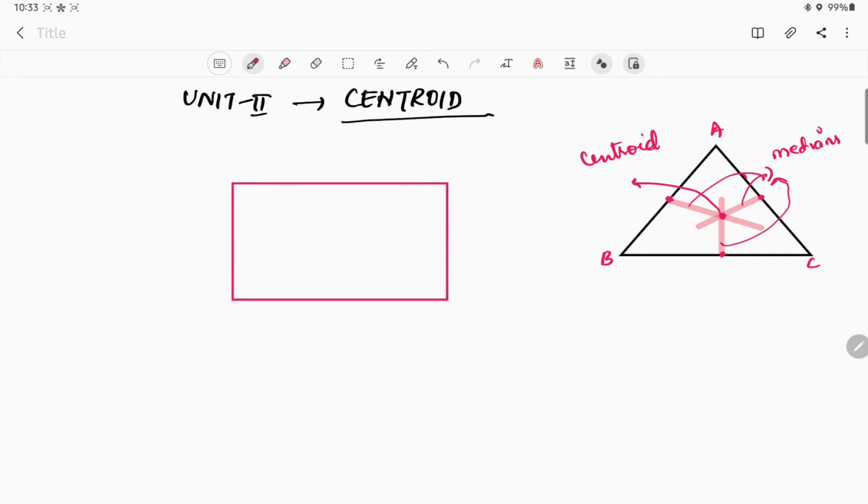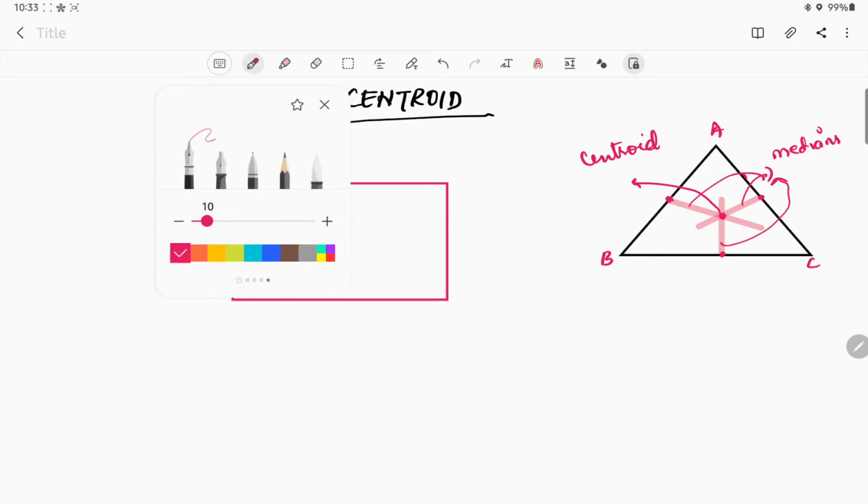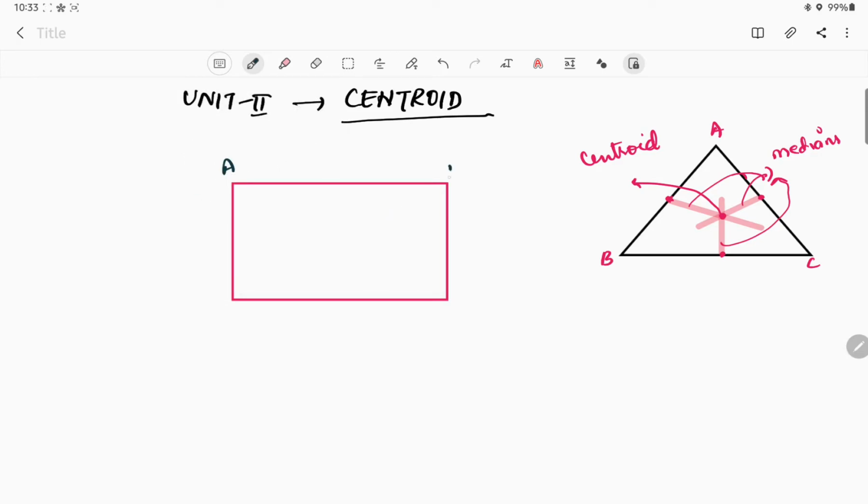I'll name it A, B, C, and D. The center of line AB is this point, the center of line AC is this point, the center of line CD is this point, and the center of line BD is this point.